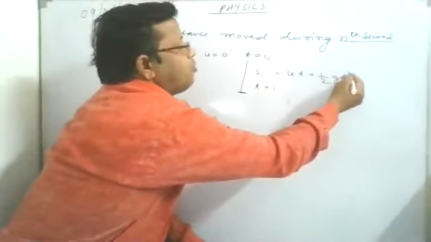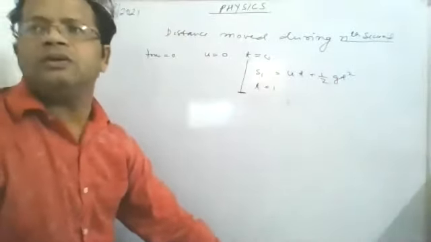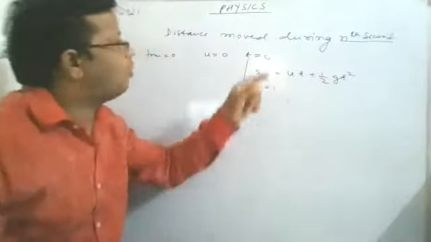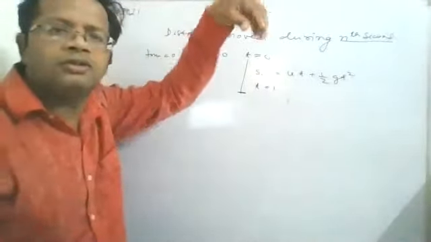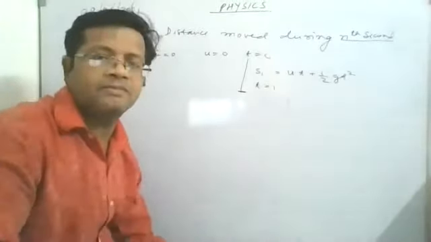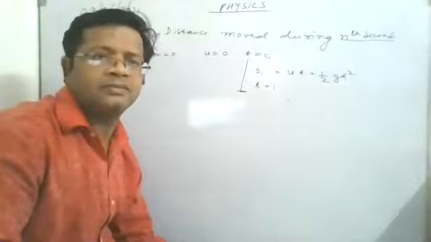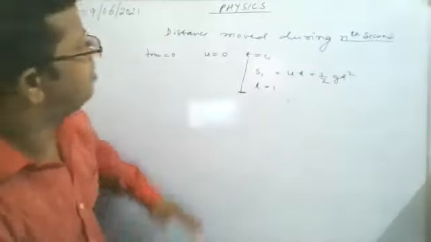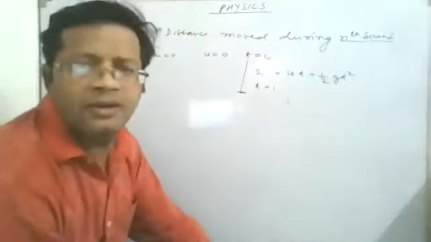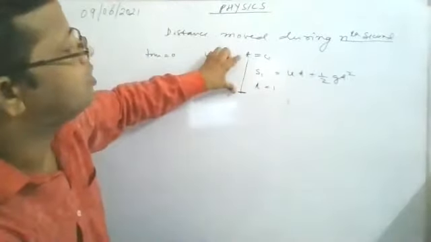You can utilize this formula to determine the distance moved by the body during 1 second. What is the initial velocity? Since we are dropping the body, now see here, beta, after 1 second, what is the distance moved by the body during this first time?